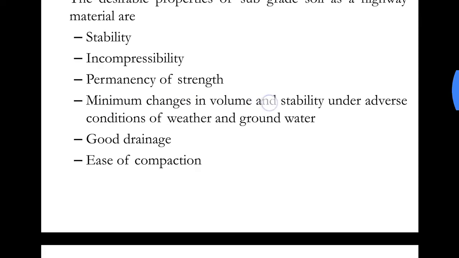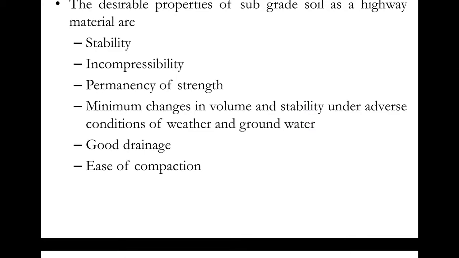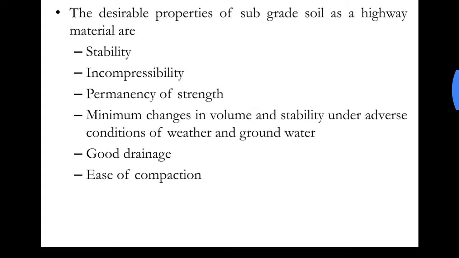Minimum changes in volume and stability under adverse conditions of weather and groundwater. There should be minimum changes in volume in the soil in the presence or absence of water or any other weather conditions.